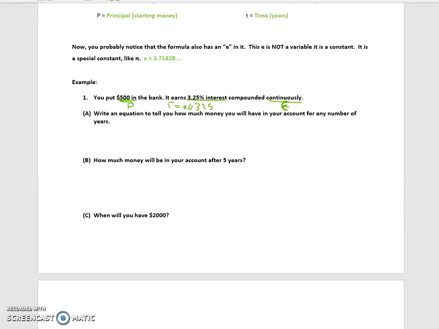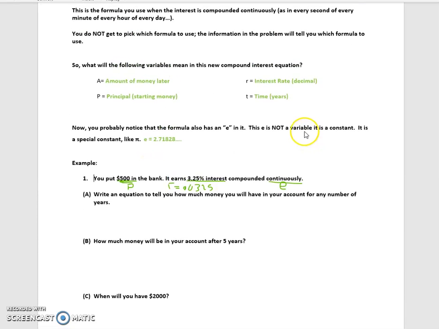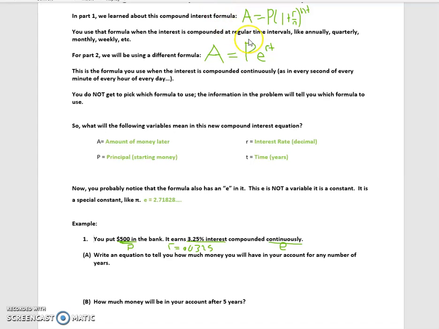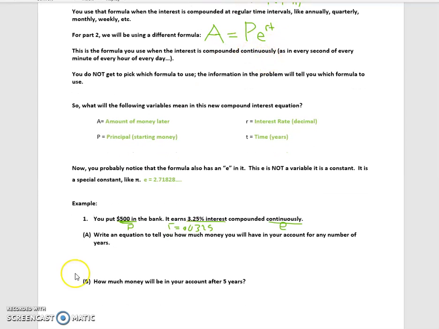Oh, that's so ugly. I'm sorry. I don't have a stylus and I need to buy one. Okay, write an equation to tell you how much money you will have in your account. So we're going to use this equation, the second one.